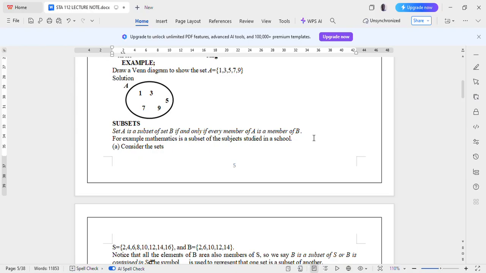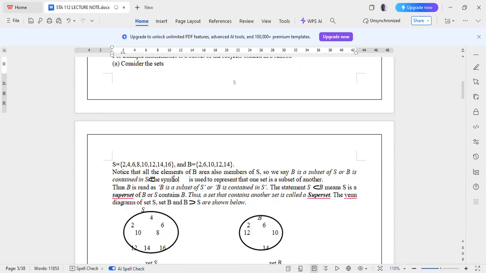You are a subset because you are a set within the set of students in that particular school. So we can say set A is a subset of B if and only if every member of A is a member of B, that is, every member you can see in set A is in set B. Every one of you is a student of your institution. So you are a subset of that set of students in that school.